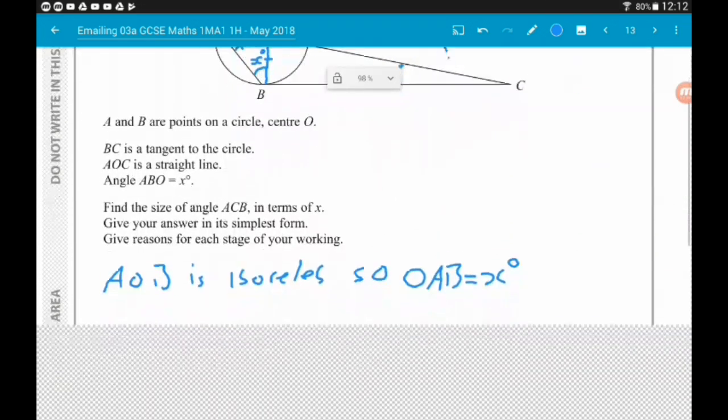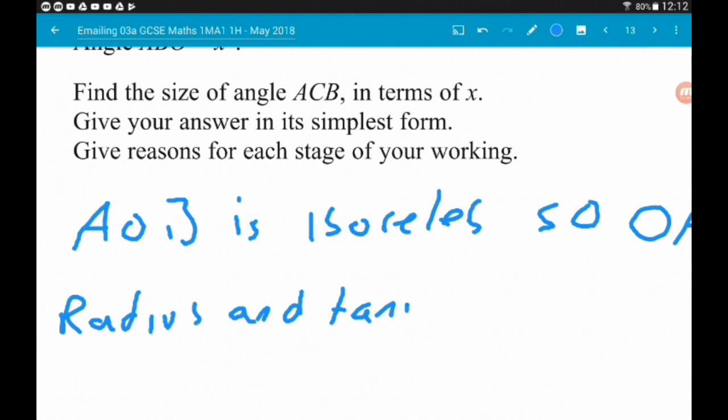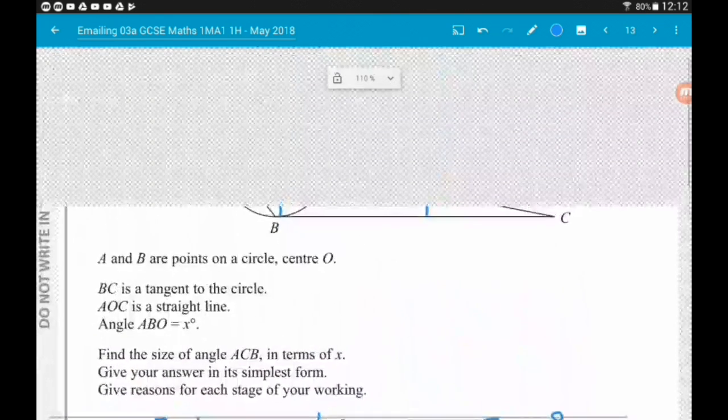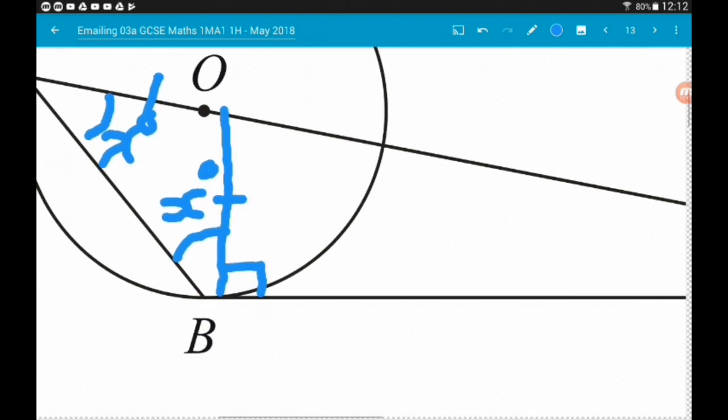So the circle theorem that we need is that a radius and tangent meet at 90 degrees. So they are perpendicular. So that means this angle here is 90 degrees.